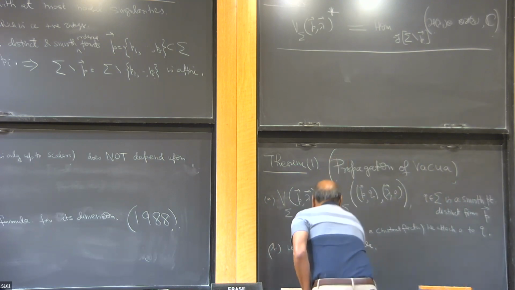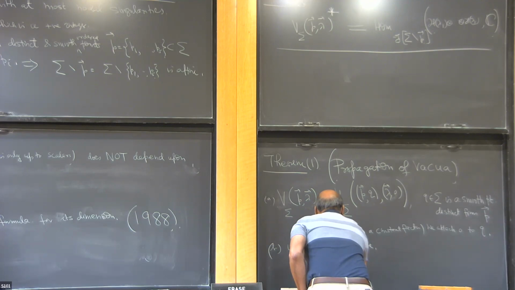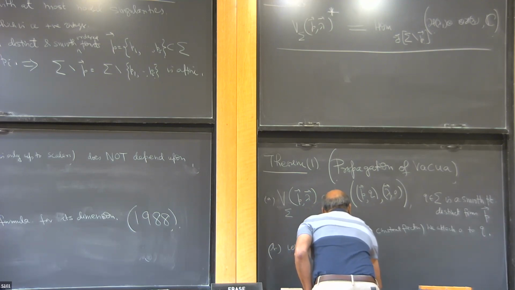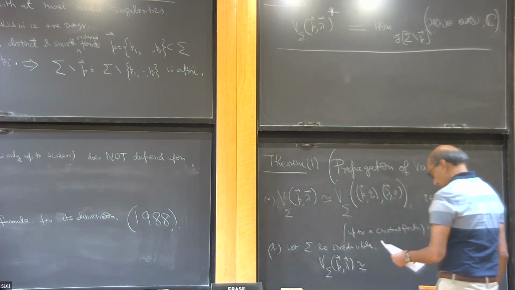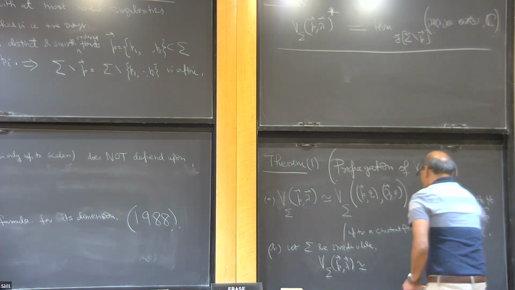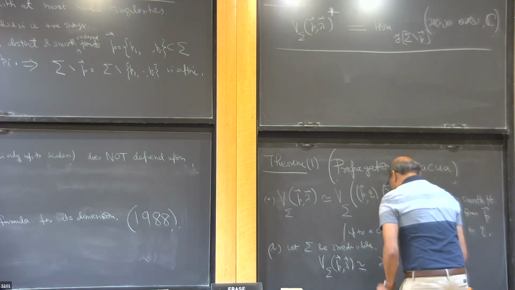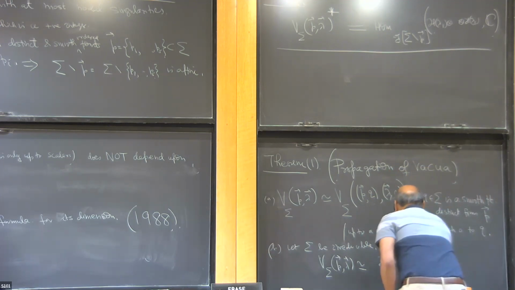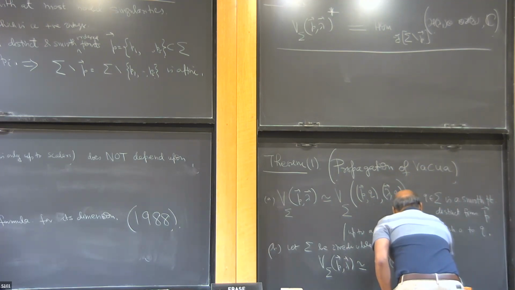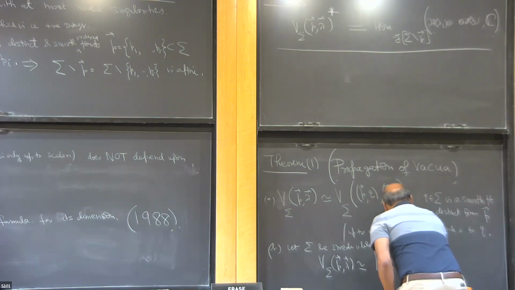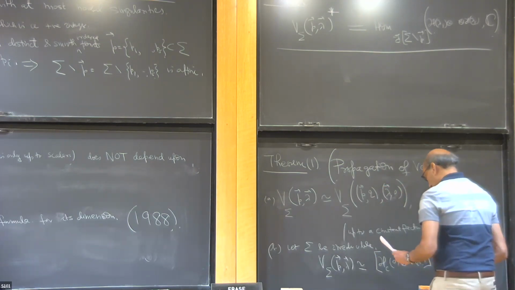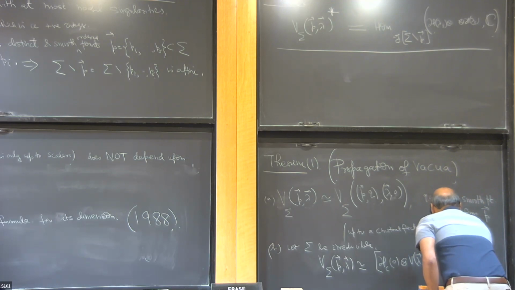Then this space V sigma P lambda is isomorphic with, let me write C, although often I will not write C. And I will explain this notation in a minute. And this is minus Q.